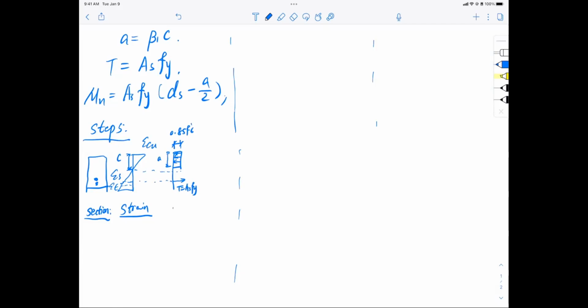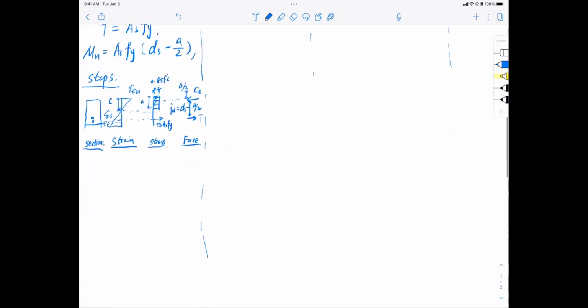So this is called internal stresses. Now, in terms of internal forces, I'm looking at the total compression force of Cc right here at half distance a away from the top, and the tension force T here. The distance between is called jd equal to ds minus half a. All right, so that's the diagram you need to remember.